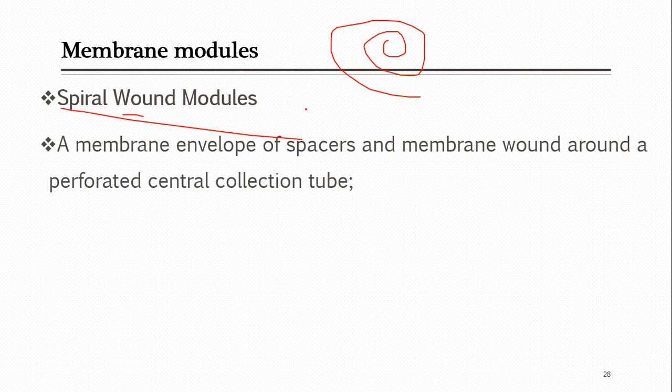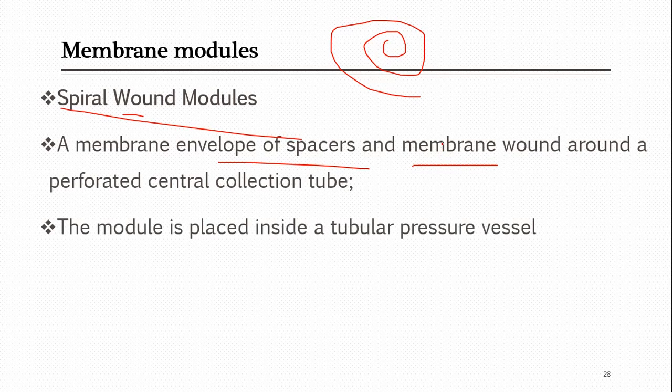Here a membrane envelope of a spacer and membrane is wound around a perforated central tube. There is some perforated tube inside these modules, and around that you fold in a circular way. There are spacers and membrane, folded around that tube. The module is placed inside a tubular pressure vessel.